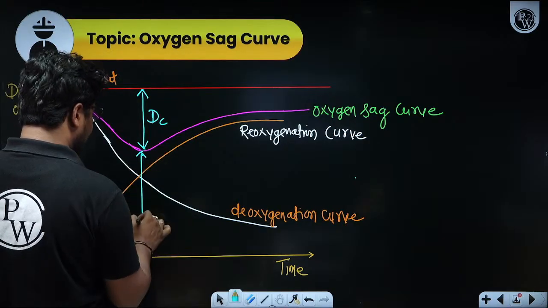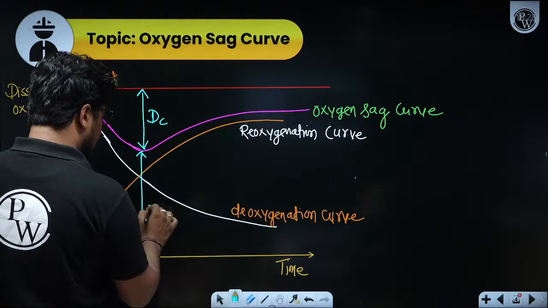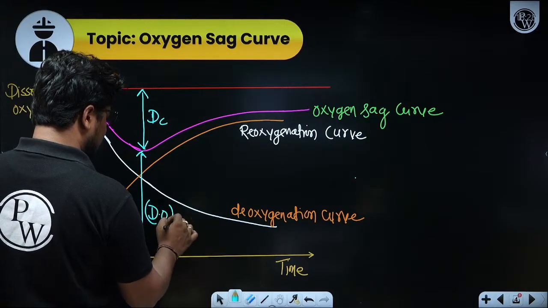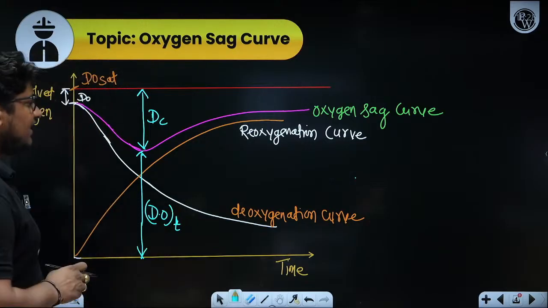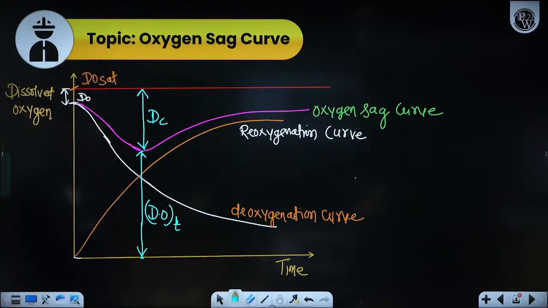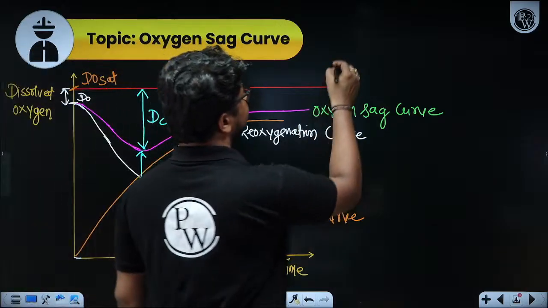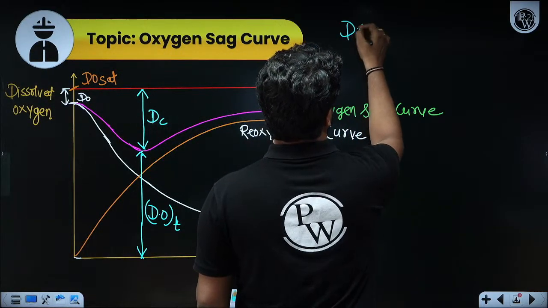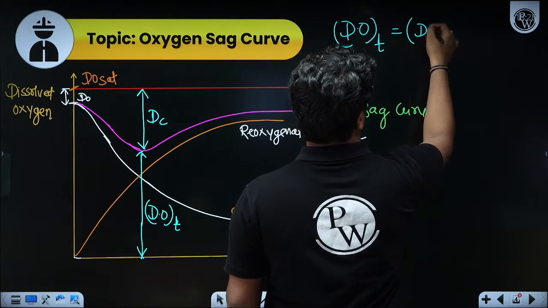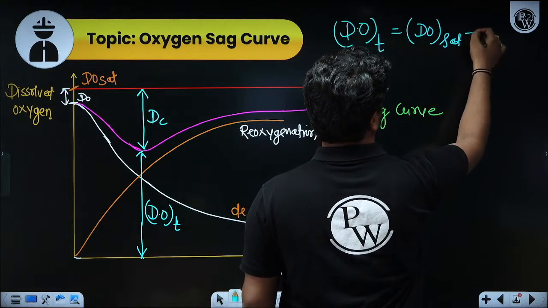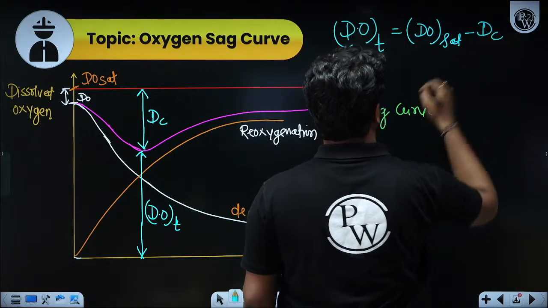At this point, how can you find the dissolved oxygen? Simple. Dissolved oxygen at any point is DO saturation minus D critical.